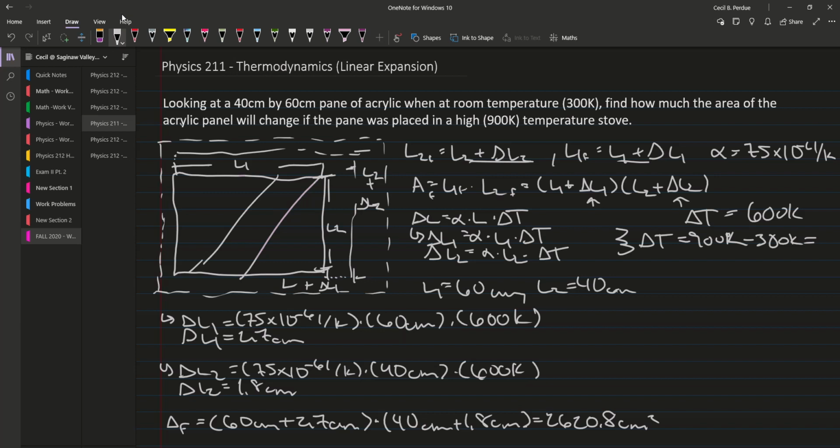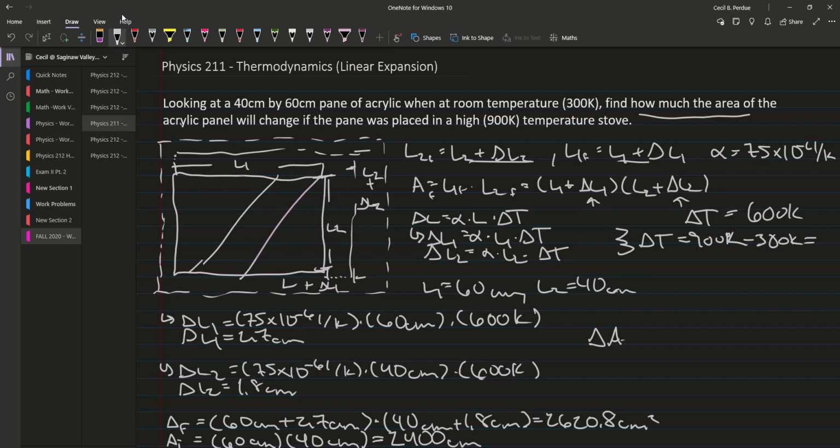Our initial area is going to be equal to just 60 centimeters multiplied by 40 centimeters, so our initial area is going to be equal to 2,400 centimeters squared.